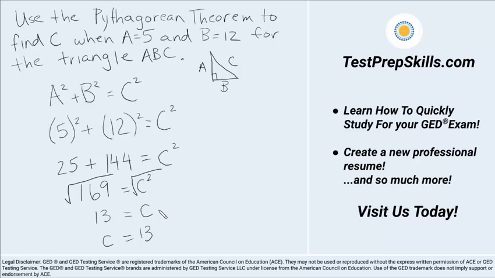We can write this answer either way. 13 equals c or c equals 13. It means exactly the same thing. However, with math conventions, so just the way things are done in math, we usually want to place our unknown variable, in this case c, on the left-hand side, and then the solution that we found onto the right-hand side. So our answer for this problem is c equals 13.